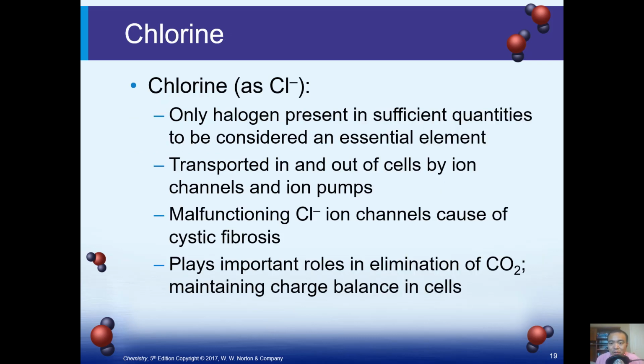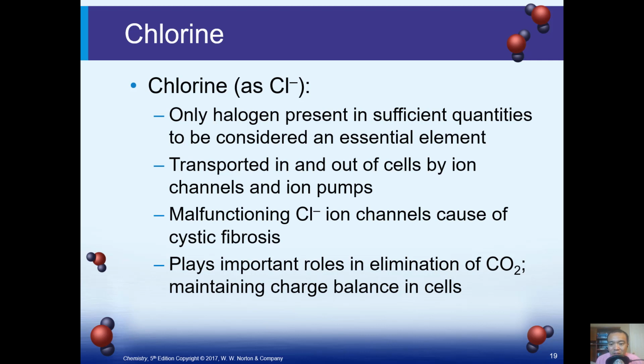Chlorine is the only halogen present in sufficient quantities to be considered a major essential element. Chlorine is the most abundant anion in the human body and is involved in many functions. It's present in the body at 1.5 milligrams per gram of body mass.